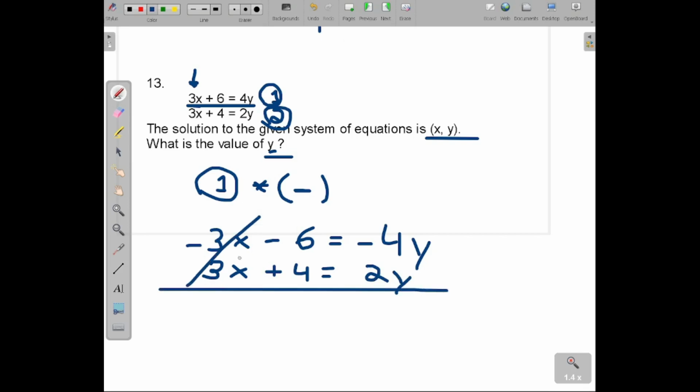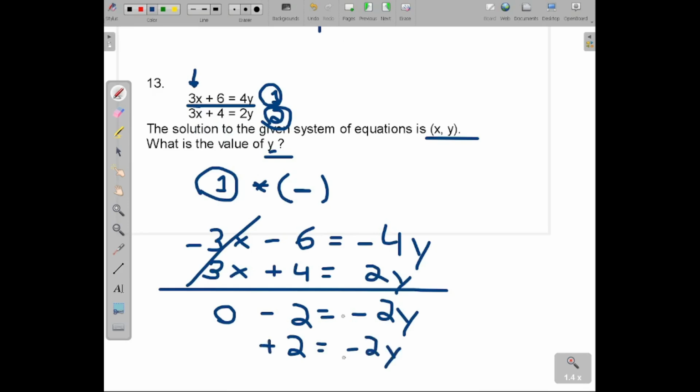We can cancel out the 3x. Negative 3x plus 3x is 0. Minus 6 plus 4 is negative 2, equal to negative 4y plus 2y, which is negative 2 times y. So we have negative 2 is equal to negative 2y.